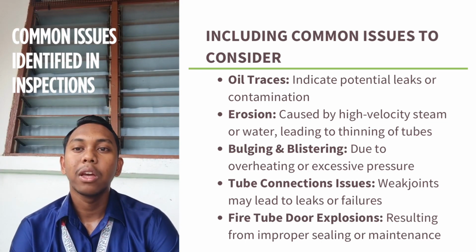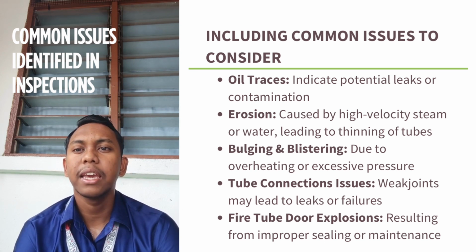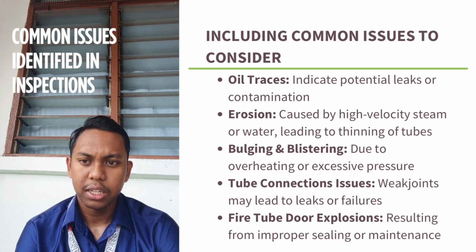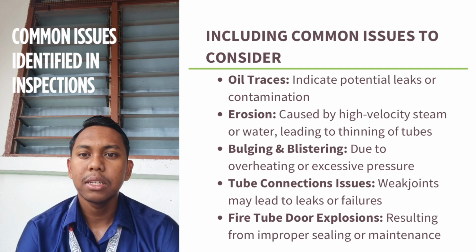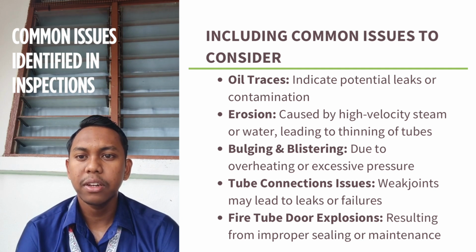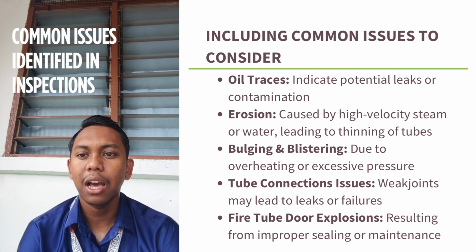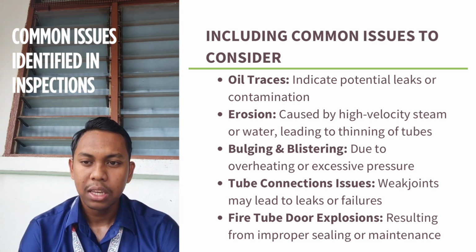Next, I would like to talk about common issues identified in inspection. First thing first is oil fouling. Oil contamination in the boiler system reduces heat transfer efficiency. Oil leaks can also be a fire hazard if they come into contact with hot surfaces.